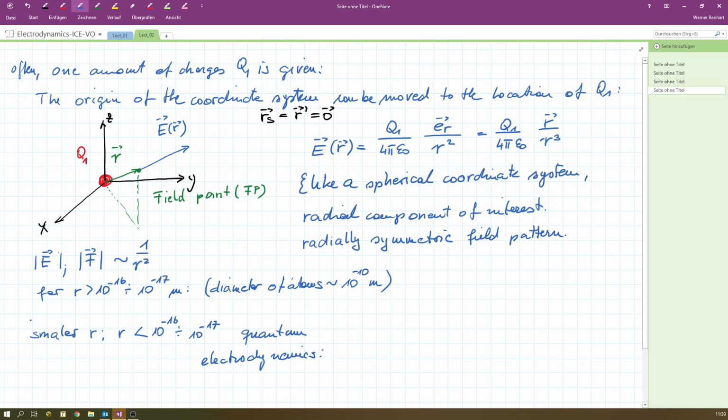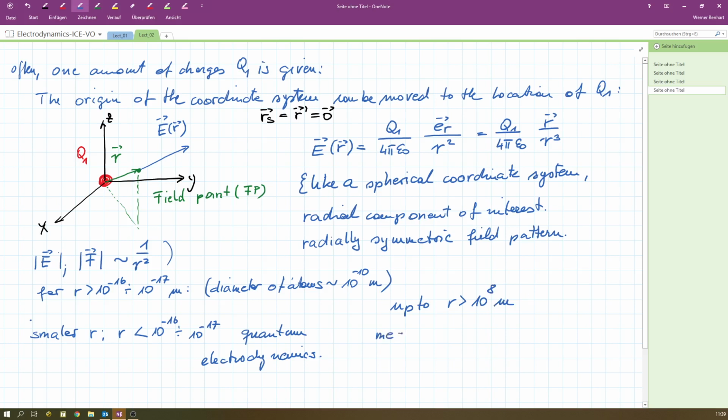And the upper bounds for the validity of this relation is for radius up to r greater than 10 powers 8 meter. It's a measure. This could be shown in an experiment.